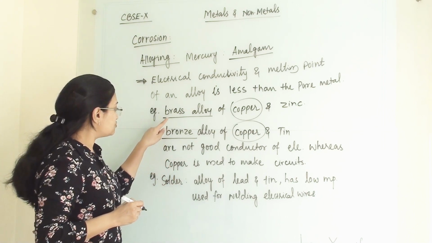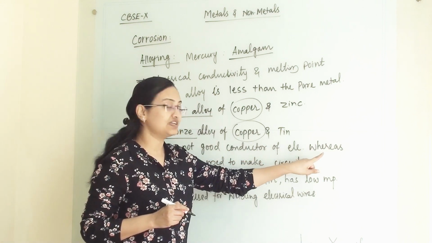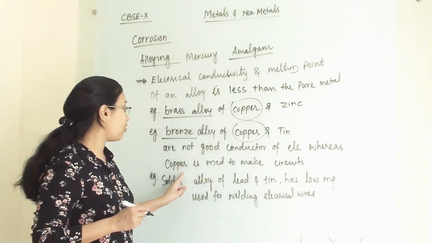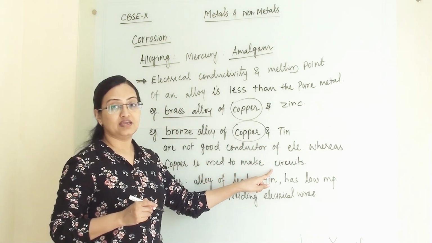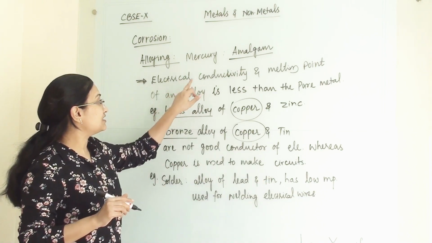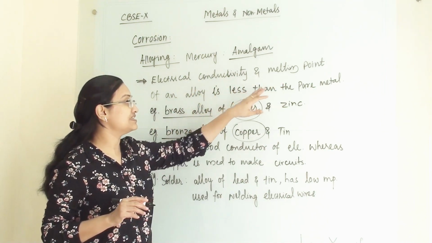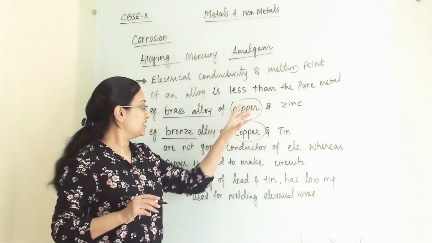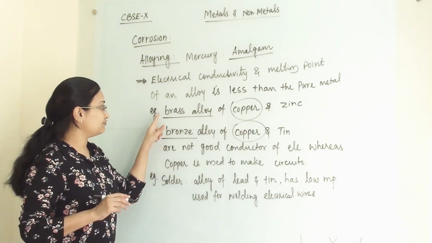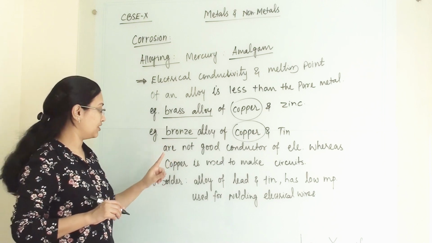And these two alloys are not good conductors of electricity, whereas copper is used to make electrical circuits. So that's why we are saying that electrical conductivity and melting point of an alloy is less than the pure metal. And the example of this is brass alloy and bronze alloy.